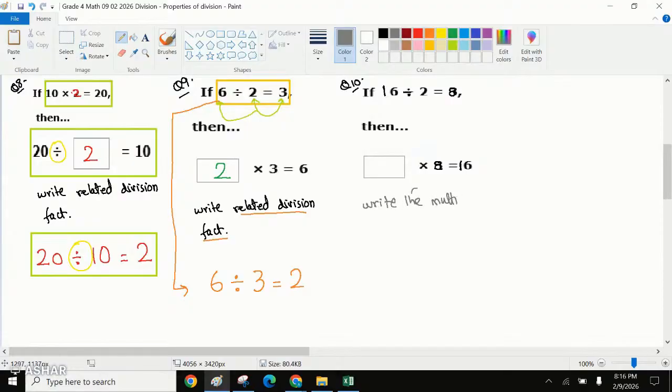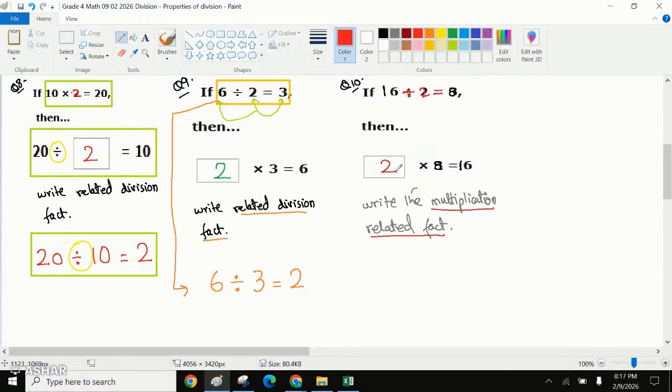multiplication related fact. Okay, depending on the question, they're asking multiplication related fact over here, right? So 16 when divided by 2 was 8. Very good, perfect, May. We know that 16 divided by 2 was 8.